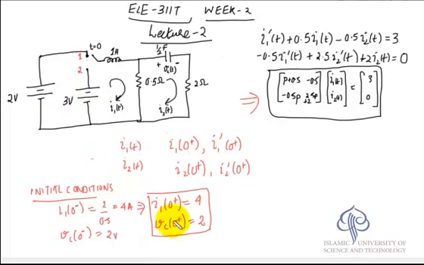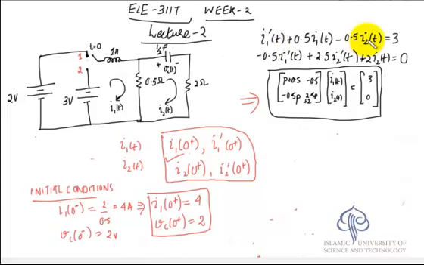So with this information we need to find I2 0 plus also, and the derivatives. The other three initial conditions we need to find out by using the relationship that we have for I1 0 plus and Vc 0 plus. So let us try to do that.